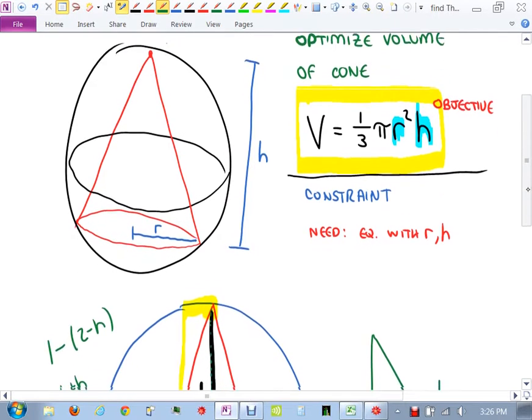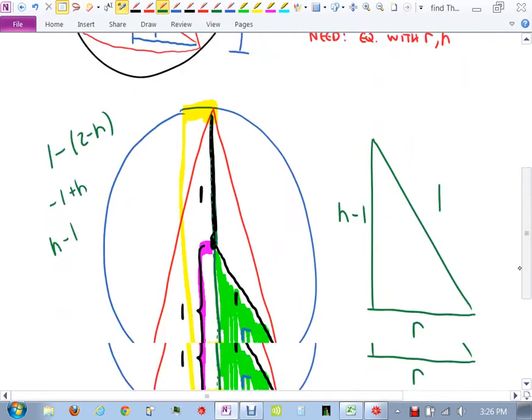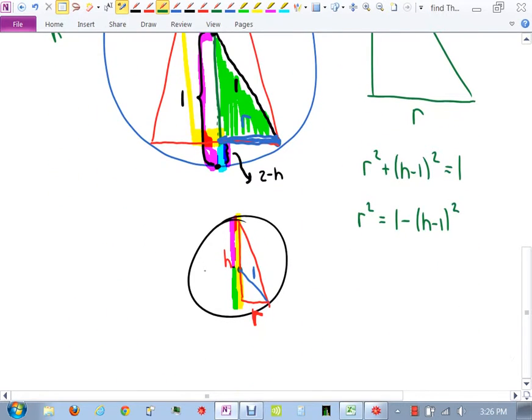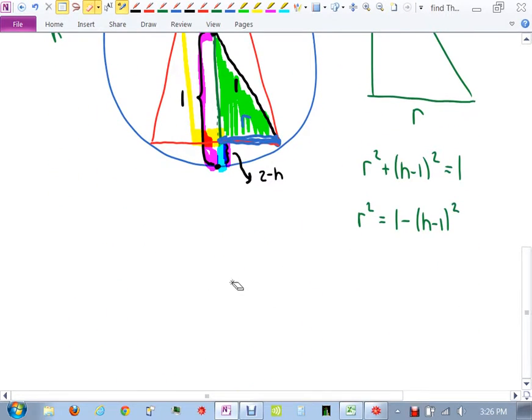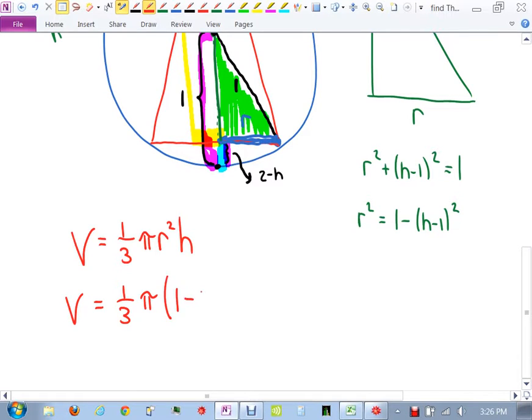So going back to our objective function, it was volume equals 1/3 pi r squared h. We are now going to replace the r squared with our constraint, which is 1 minus (h minus 1) squared, and then times h.